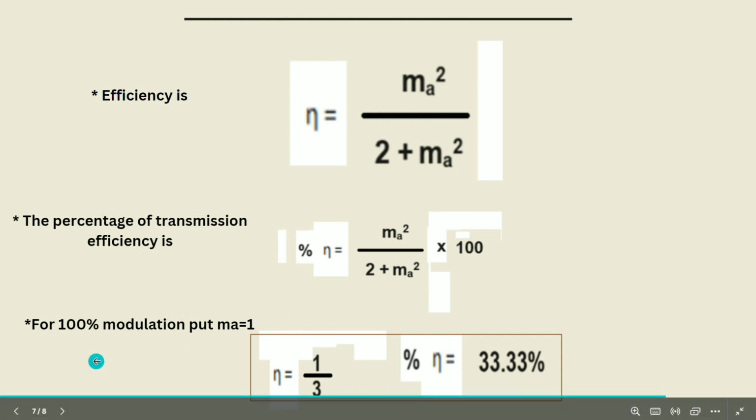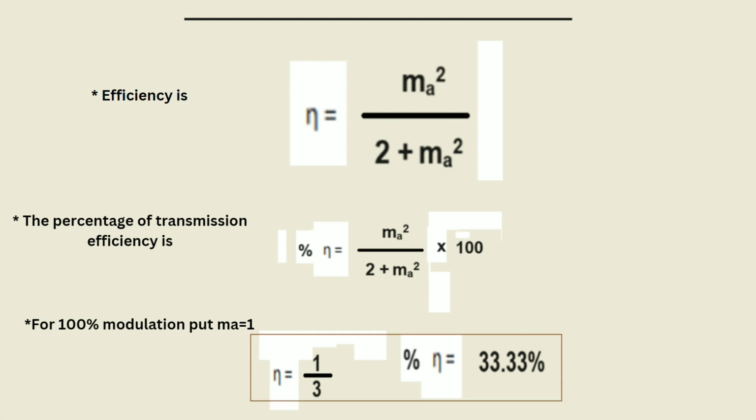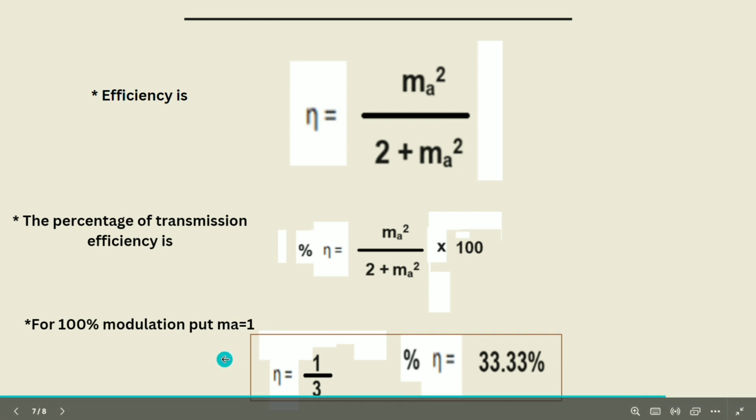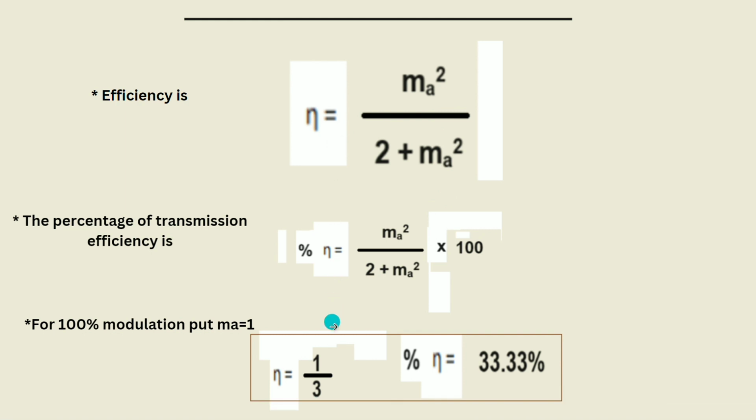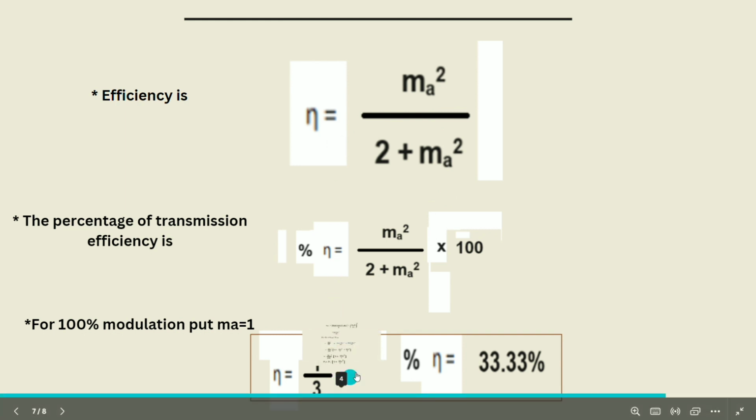Finally, for 100% modulation, we assume the modulation index of AM as 1. In practice, we always assume the modulation index to be less than or equal to 1. Taking Ma greater than 1 is considered overmodulation. Putting Ma equal to 1 in the equation, we get eta equal to 1 by 3.